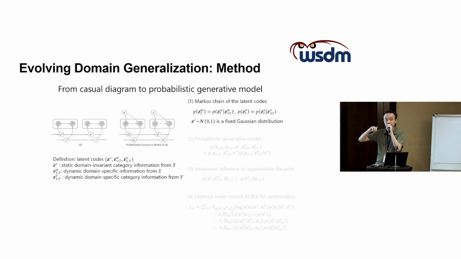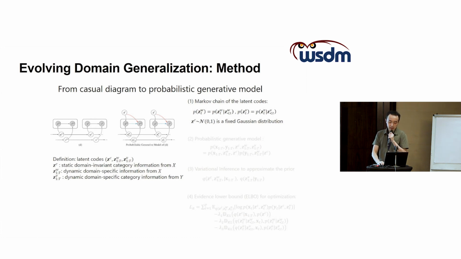For example, we can model the pattern from 1 to t, so we can naturally extend our model to the time t+1. What this work does here is to apply a Markov chain to model this latent code.